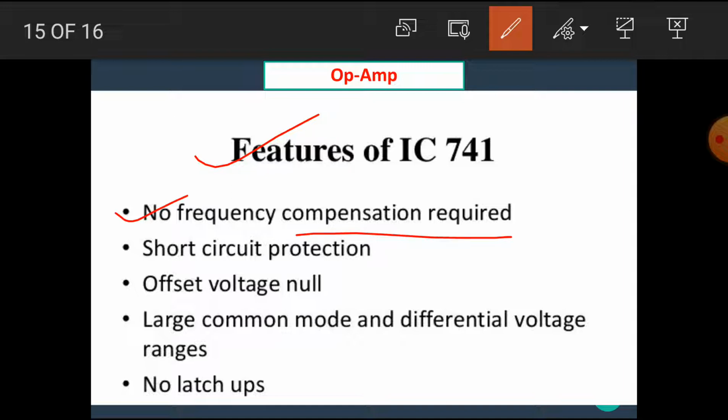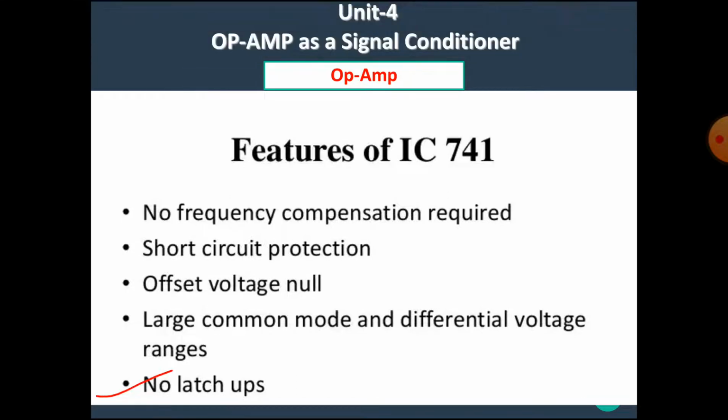The IC741 has short circuit protection. In IC741, the offset voltage can be nulled. Large common mode and differential voltage ranges are available. Also, in IC741, there is no latch-up. These are the features of the IC741.